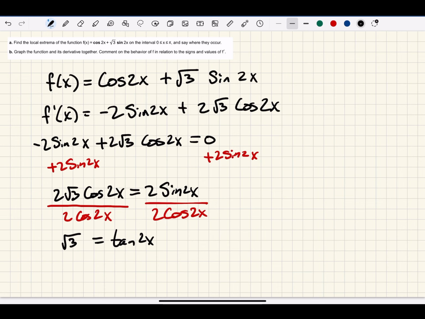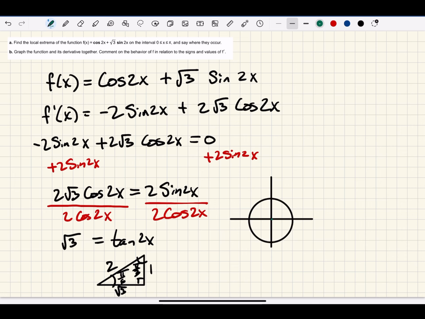If we think about our special triangle, where we have a right angle, pi over 6, and pi over 3, and the sides are 1, 2, and square root of 3, the tangent, opposite over adjacent, is equal to the square root of 3 at pi over 3. So let's look at a unit circle.